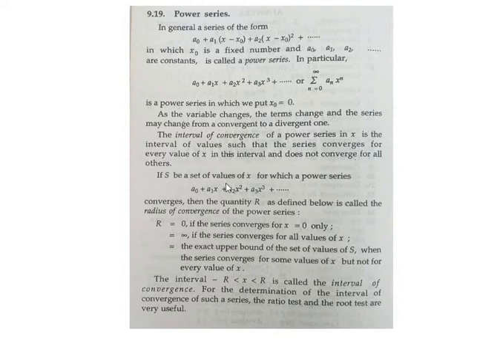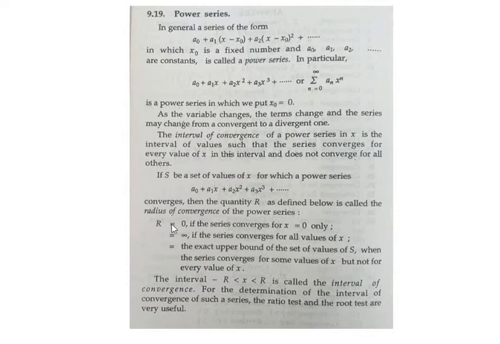If S is the set of values of x for which a power series a0 plus a1x plus a2x square plus a3x cube plus dot dot converges, then the quantity capital R, as defined below, is called the radius of convergence of the power series.